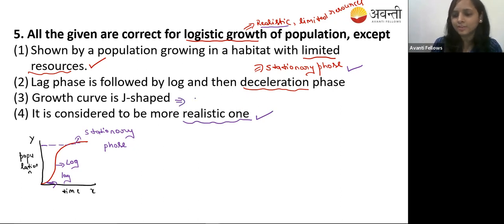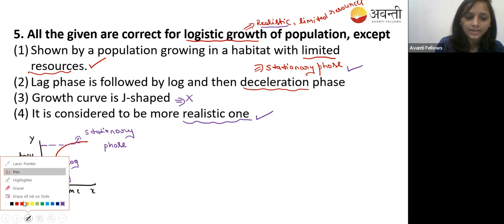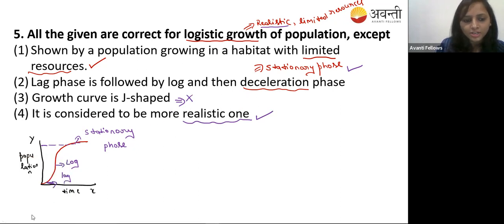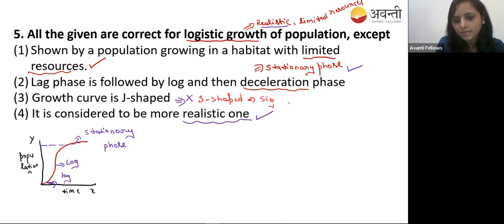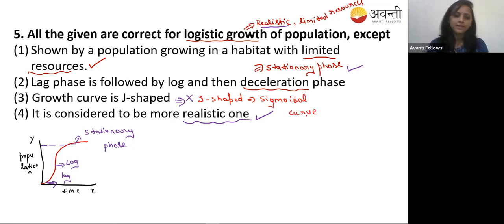No, it is not J-shaped. It is an S-shaped curve, which we also call a sigmoidal curve. So that is the reason.